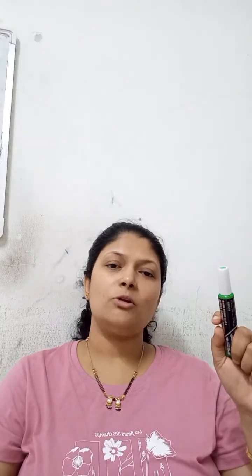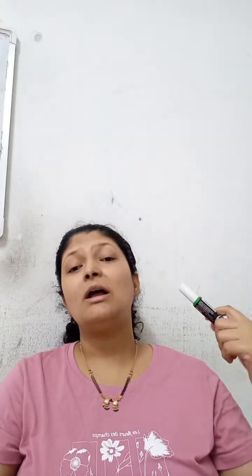So the answer is true. A real image cannot be obtained on the screen: false. A real image will always be obtained on the screen and virtual images are always obtained beyond the mirror. Next, the concave mirror always forms a real image: false.